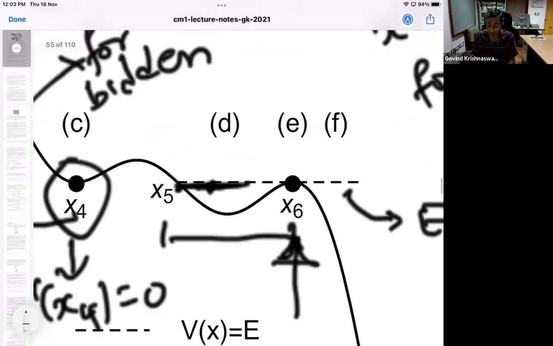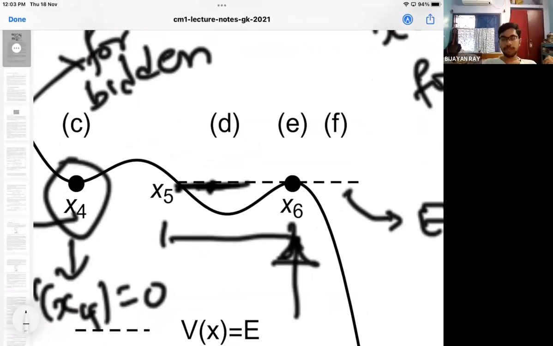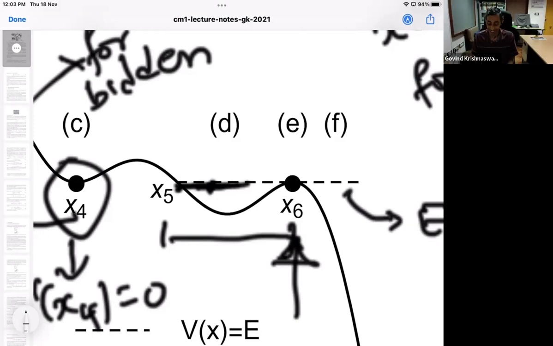The energy is the dashed line. We are studying motion with prescribed energy. Then if it has an initial velocity, it will go away, and if it doesn't have an initial velocity, it would be an unstable equilibrium. So Vijay and Rai are giving various possibilities.